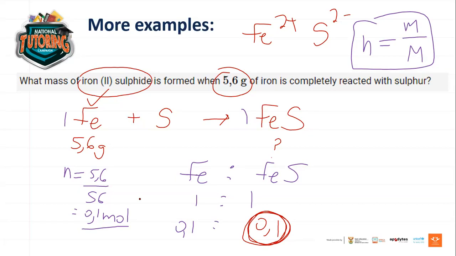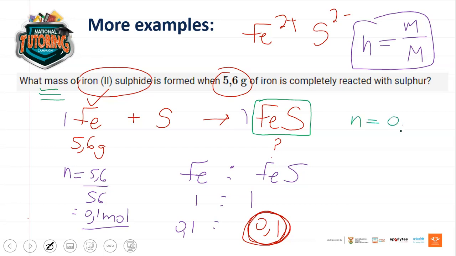So now if I know the number of moles, I can then work out the mass, because that's what the question asked. They asked for what mass of iron sulfide I would get. I now know that the number of moles is 0.1 mole.